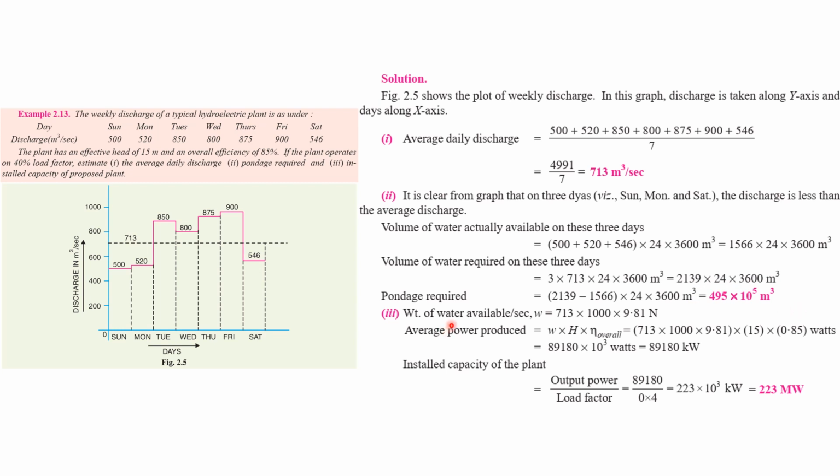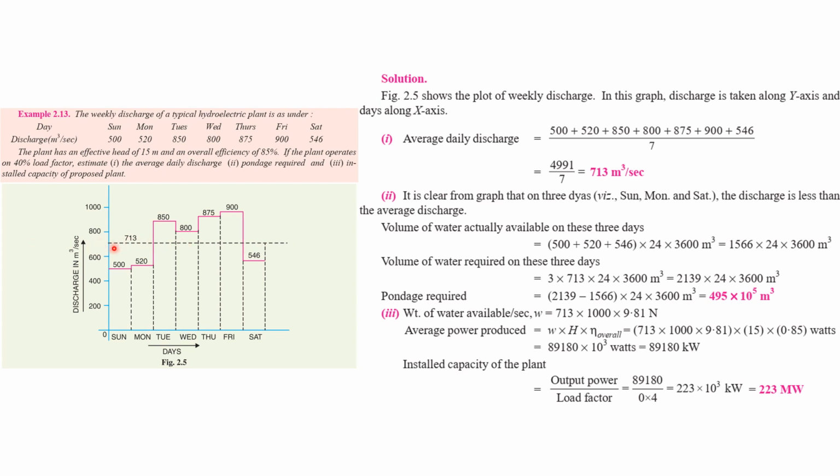Finally, we find out what is the installed capacity of the proposed plant. With this pondage, when you create it, you will have the average water discharge rate available on all the days, which is 713 meter cube per second.